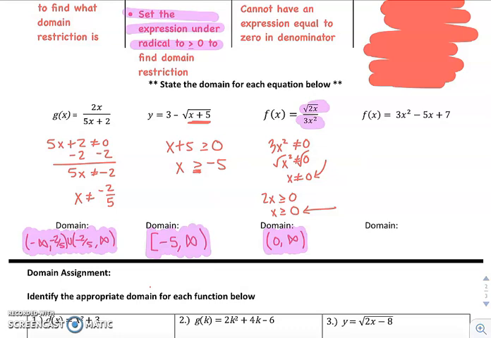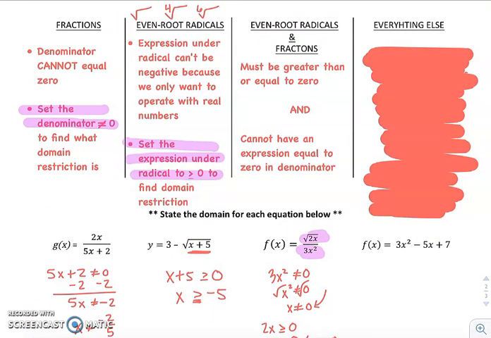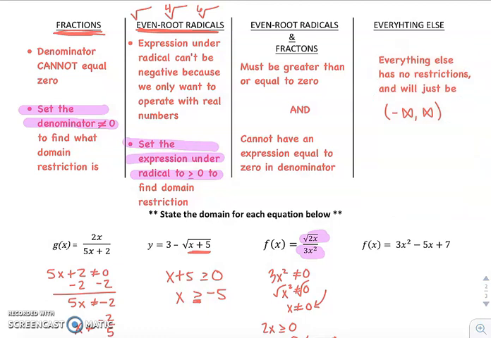So I guess what all this means is that those are the only two things with domain restrictions: a fraction and an even root radical. If your equation, your relation, whatever it is you're doing, doesn't have either one of those, then there are no domain restrictions. So if you have no even root and no fraction, there are no domain restrictions.